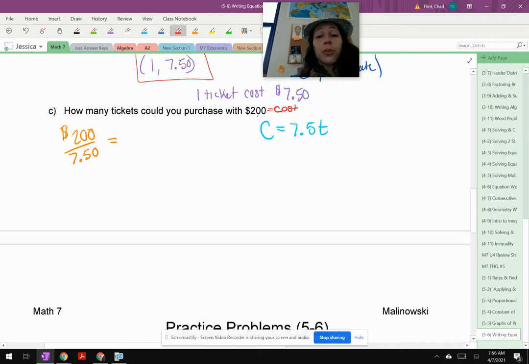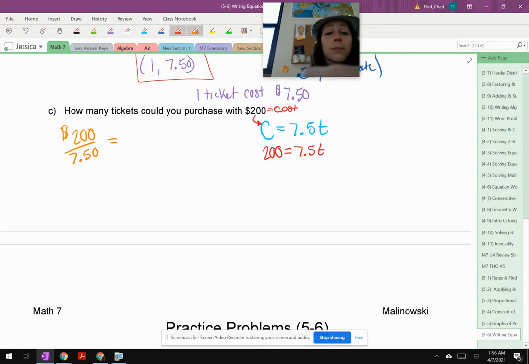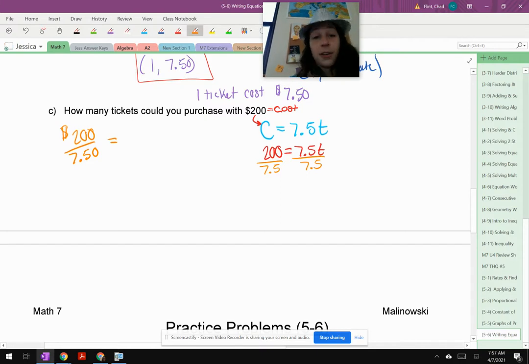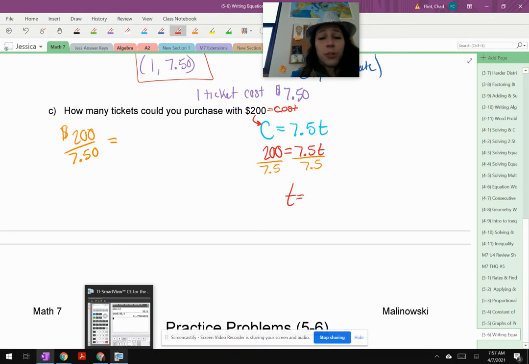So that would go in for C. So 200 is equal to 7.5t. Divide both sides by 7.5 to get that multiplication away from the t, to isolate the variable from previous units. And so this is exactly what we're doing over here if we were just to do that division. This is just using the equation to do it. Either way is fine. I do not care which way you do it.